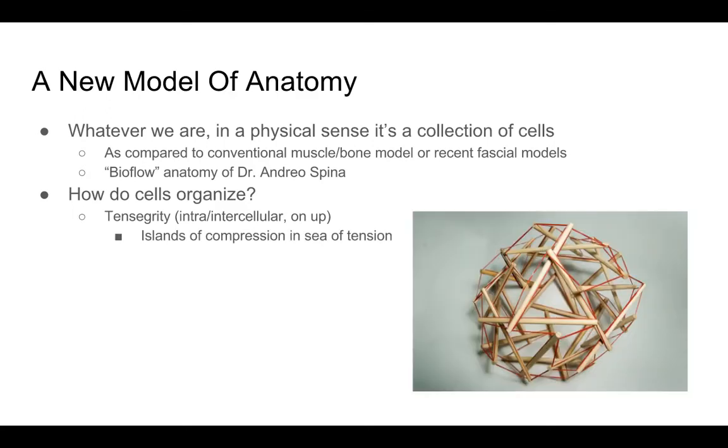And so again, we can think of a tensegrity structure, as demonstrated here, a stick and band model, as islands of compression within a sea of tension. And the beautiful thing about tensegrity models is they self-organize. They balance themselves and hold themselves within steady configurations.